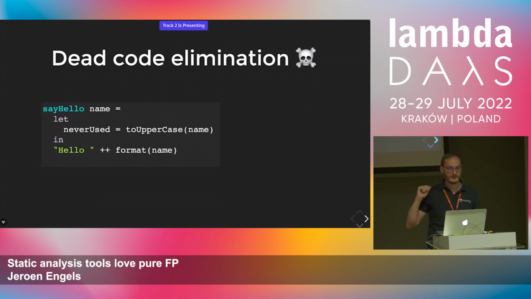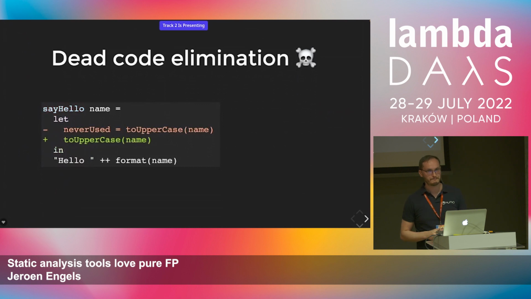So here we have a say hello function, which defines a variable that is never used. Hint, it's never used. And it returns hello plus a formatted name. So never used is never referenced. We could compute the dependencies again with the arrows, but that would just say that nothing depends on never used. Therefore, we could remove it.